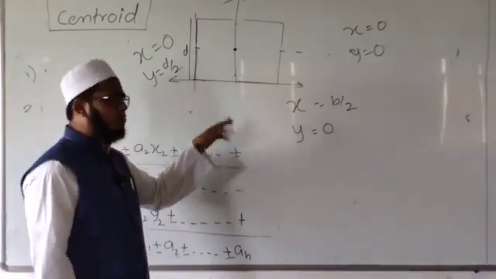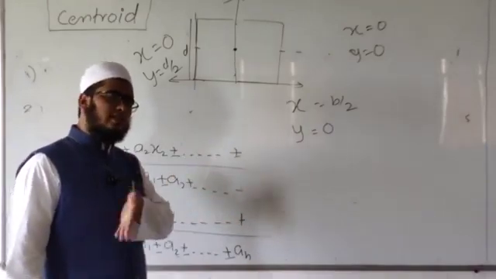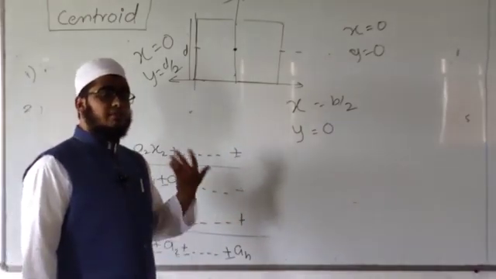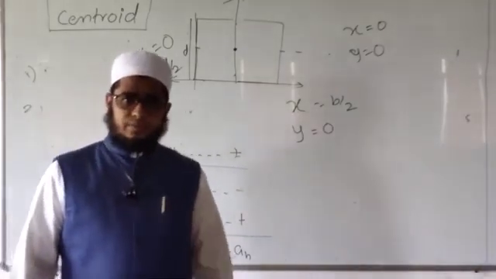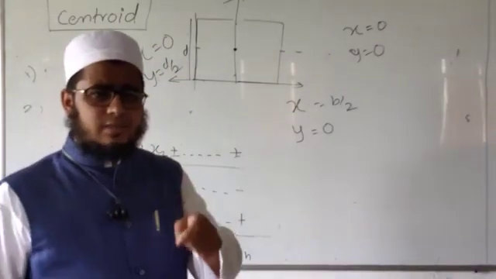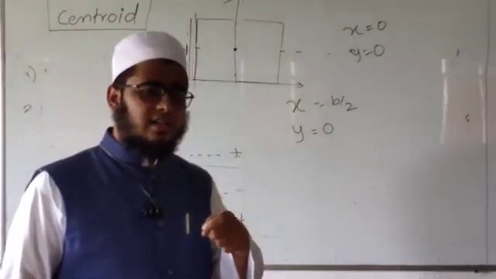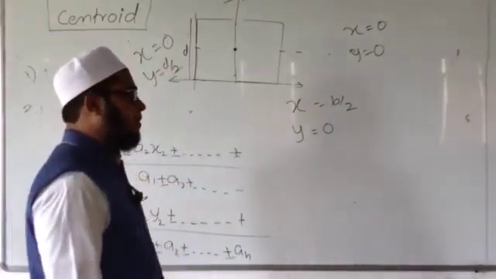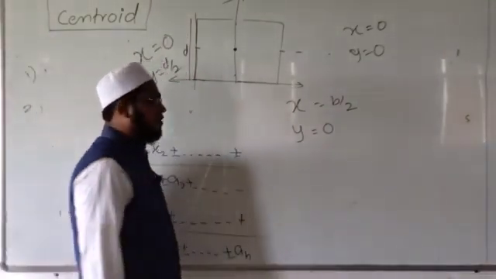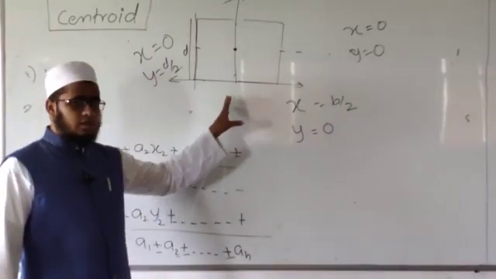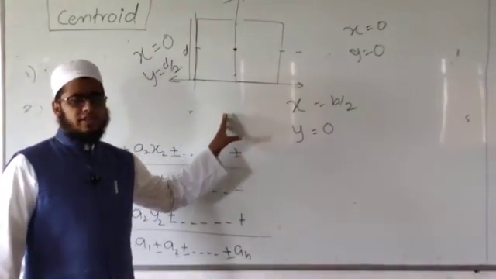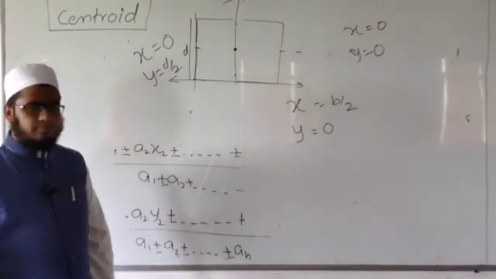If the body is symmetrical about only the x axis, the y coordinate is 0. If the body is symmetrical about only the y axis, the x coordinate is 0. It means if the axis position is given such that it divides the plane lamina into two equal parts, then there is no need to find one coordinate; we only have to calculate the value of the other coordinate with the help of this formula.